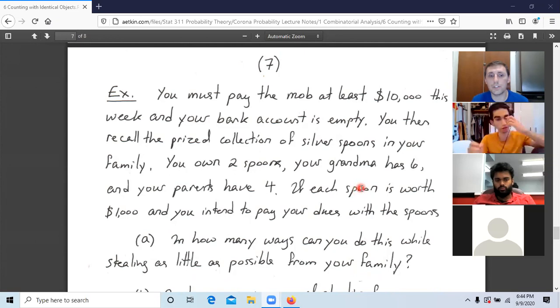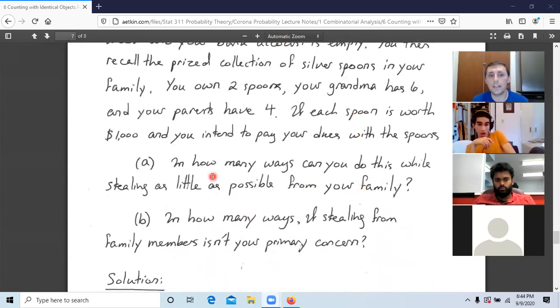So the first question is this, okay? In how many ways can you pay the mob if you have to steal as little as possible of those spoons? That's your requirement. Obviously, you have to steal from your family, or you only have 2 spoons, correct? And the mob requires that you pay at the minimum 10,000.